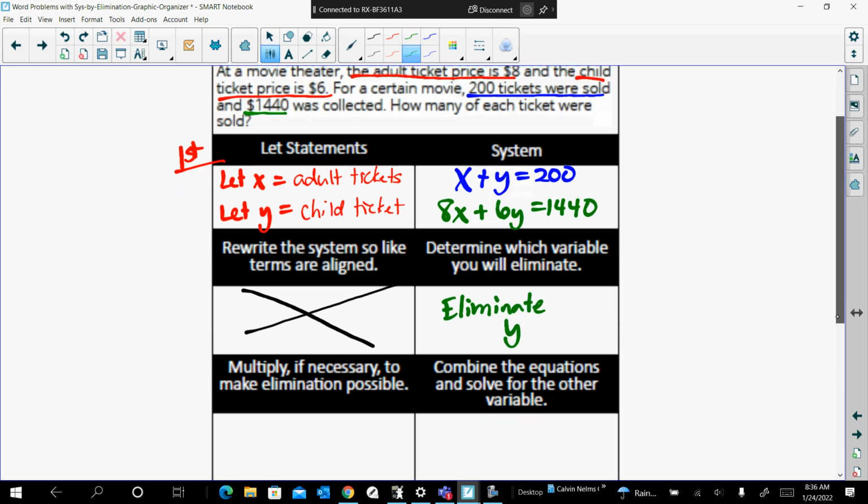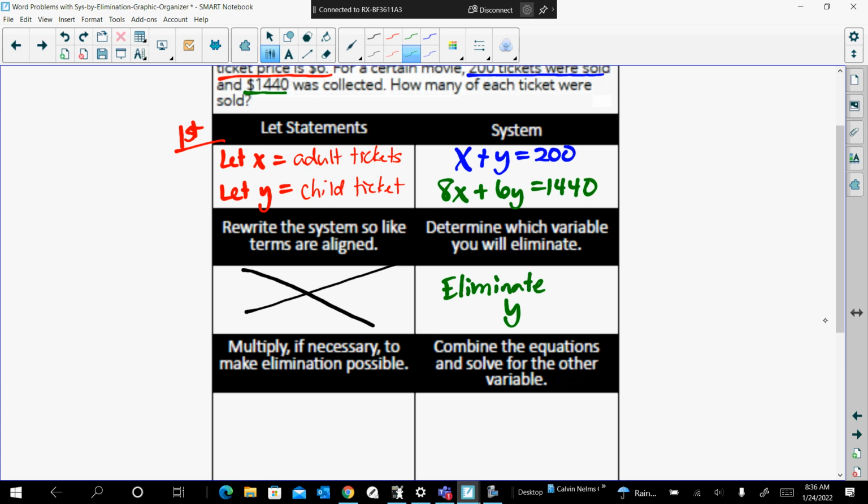Now, do we multiply if necessary to make elimination? Will we need to multiply in order to, yeah, what will we need to multiply? -6. Yes, we were going to need to multiply the top equation. So we have to multiply. I'm going to write what we're doing over here, okay?